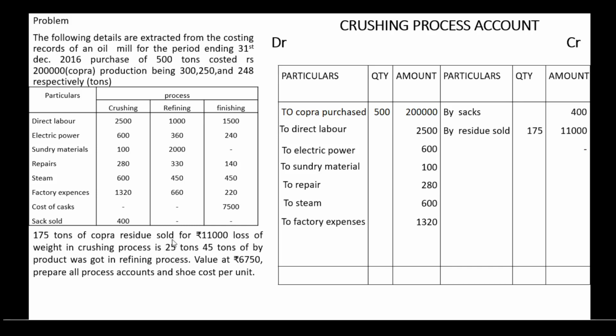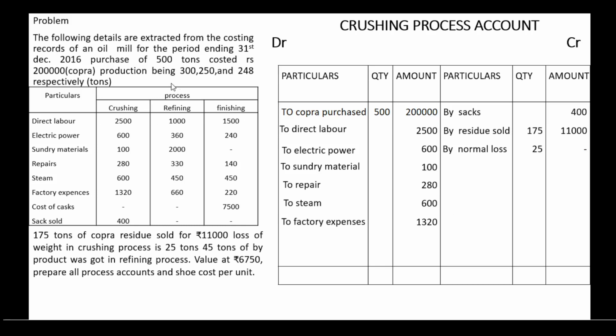And the next, that is loss of weight in crushing process is 25 tons. They are saying that the losses in this crushing process are 25 tons. So this loss is treated as normal loss. So this normal loss is entered in the credit side of the crushing process account by normal loss. The quantity is 25 tons.